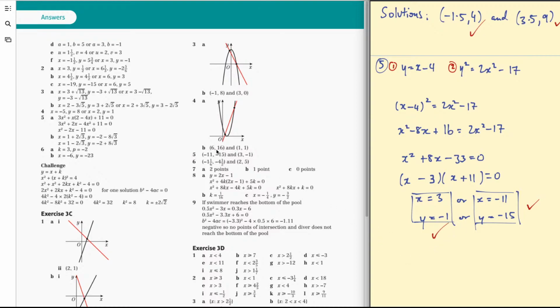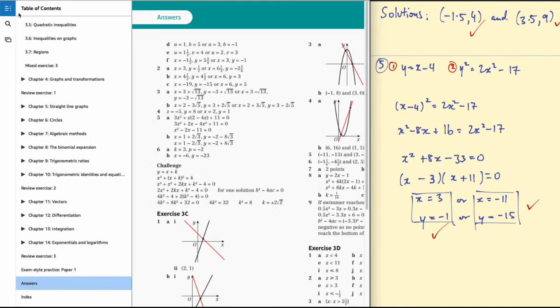And they don't give a graph for that one, so I'm guessing they just wanted it algebraically. I am confusion.